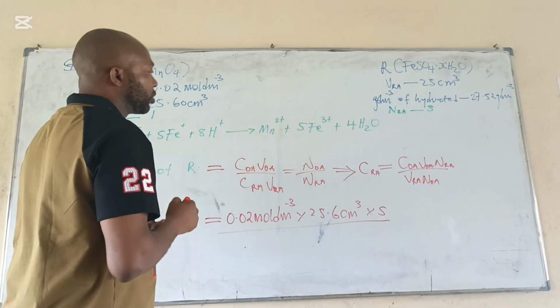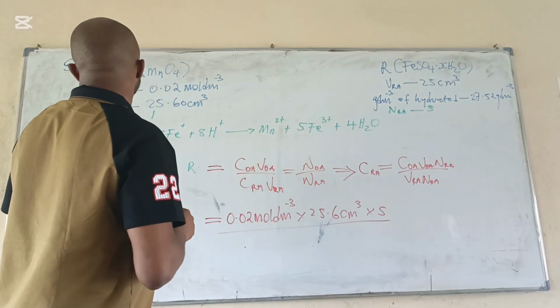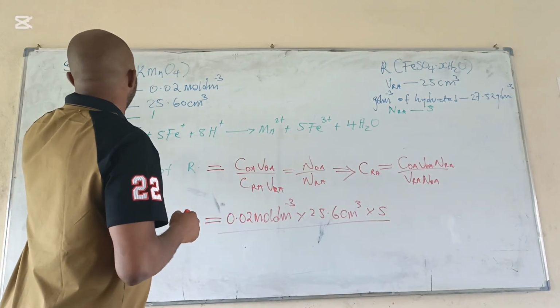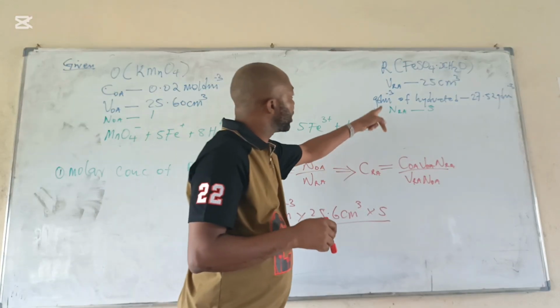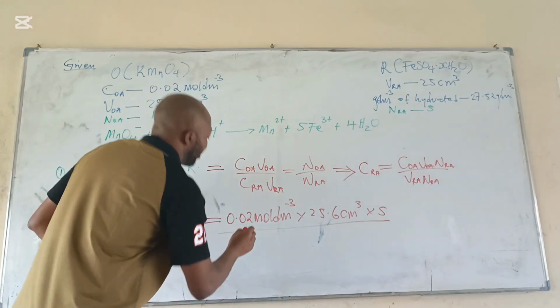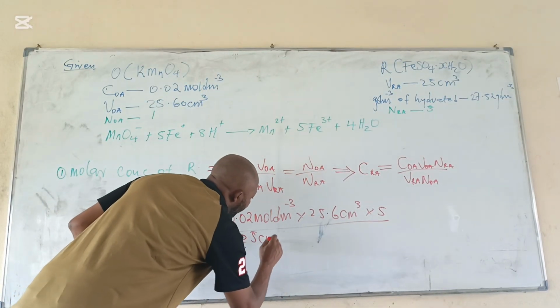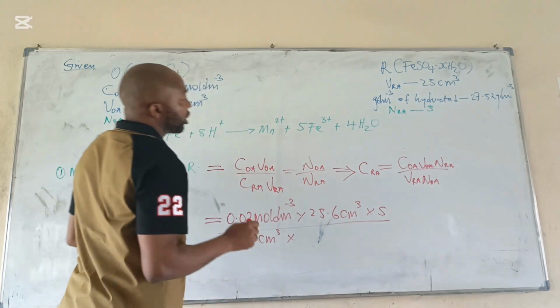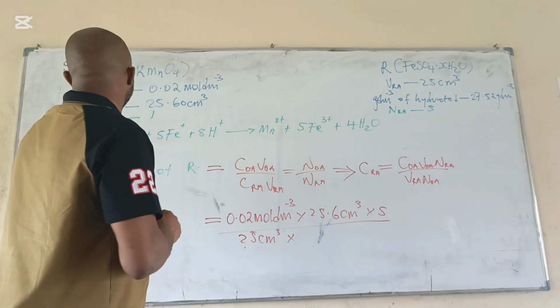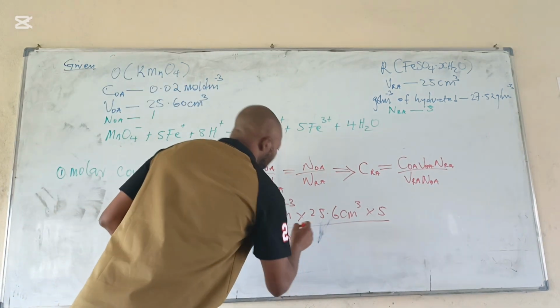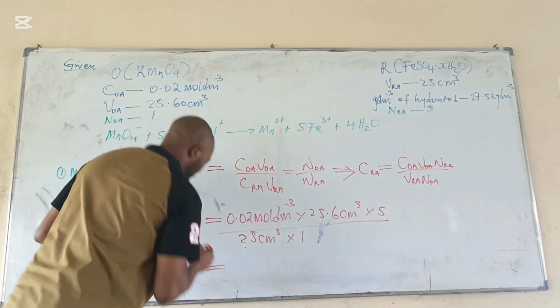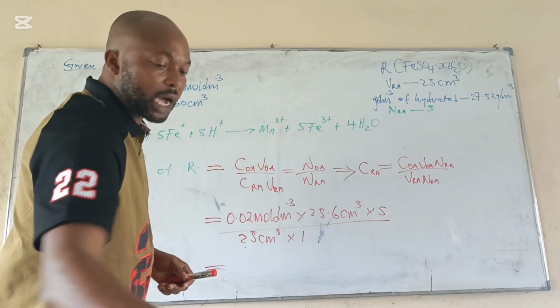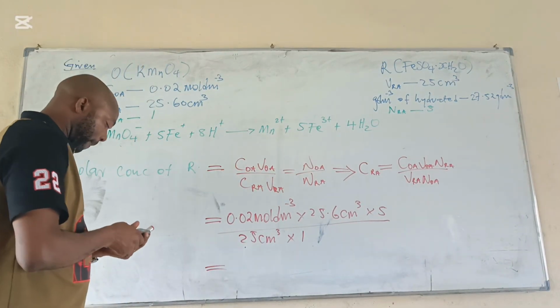This is equals to the volume of reducing agent, of reducing agent is 25 cm cube times number of moles of oxidizing agent is 1. So this is equals to, so if we check that out, this is what we're going to get.